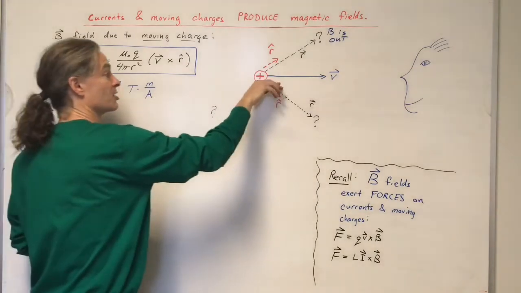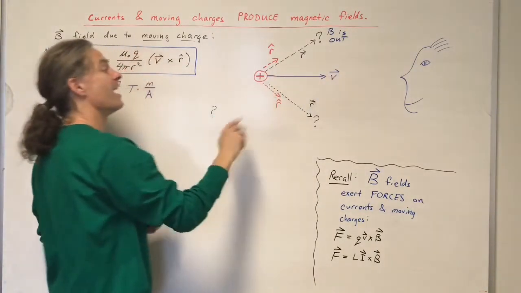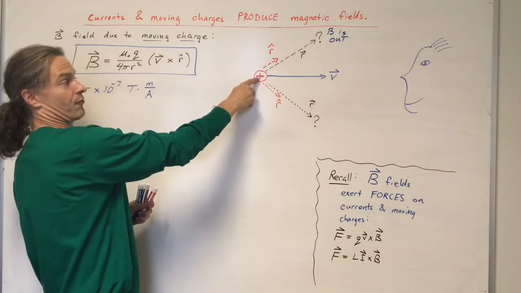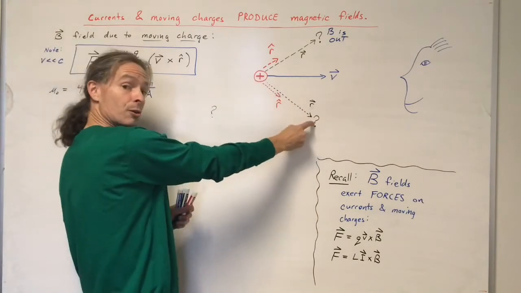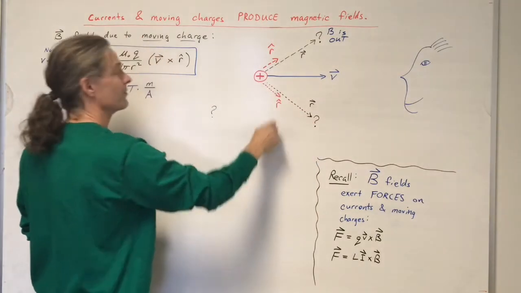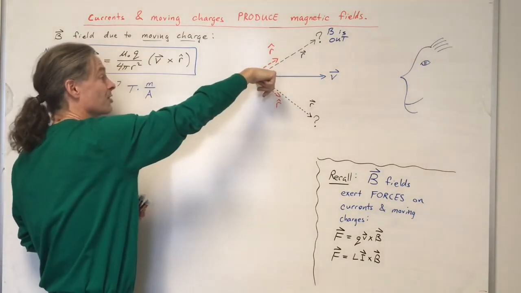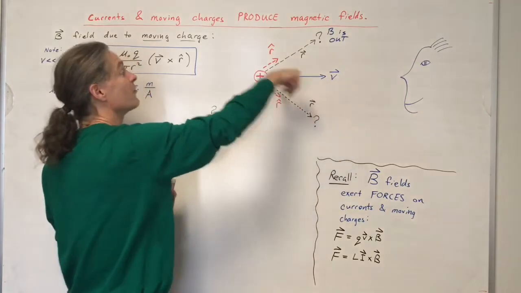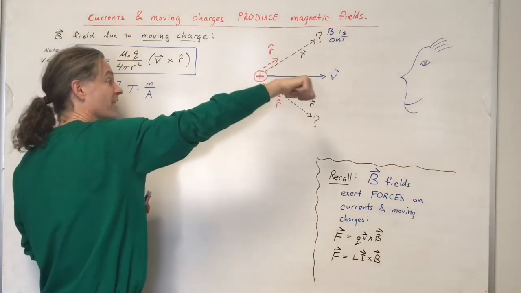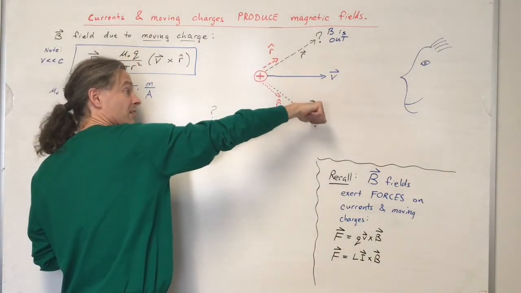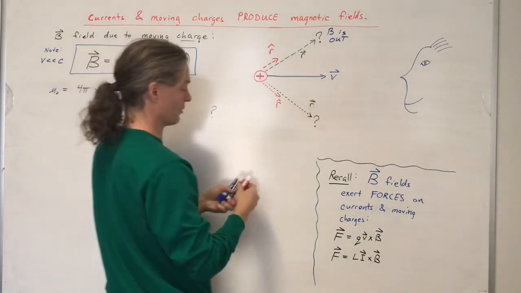I need to take the cross product of the velocity and the direction from the charge to the location where I want to know the magnetic field. So v cross r hat gives me the inward direction. So if this charge is positive, v cross r hat gives me the direction of the magnetic field right there. Magnetic field would be in.